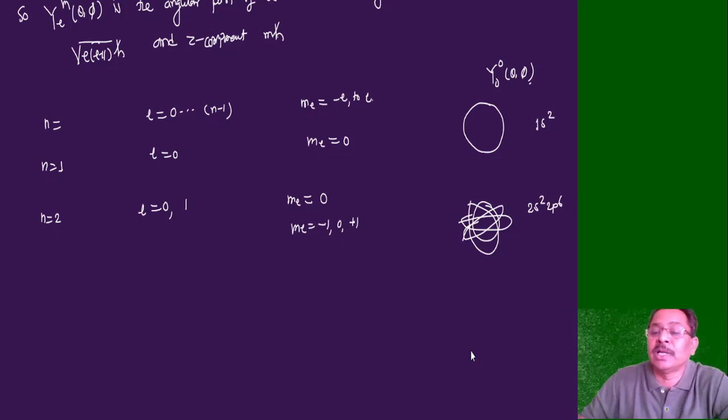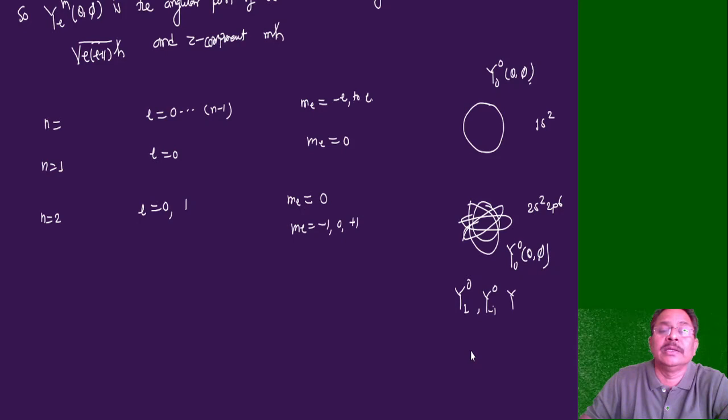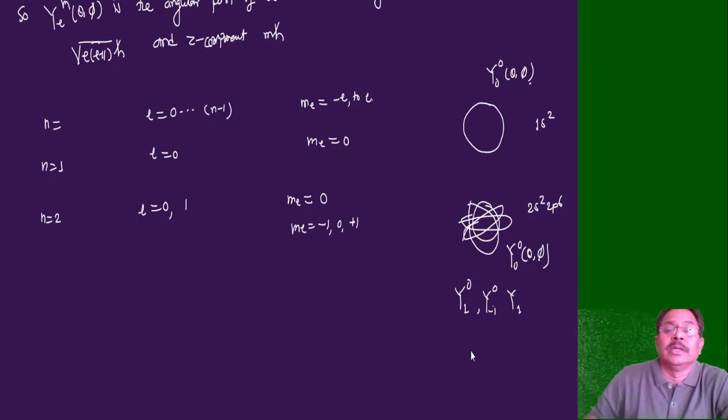So this is what your spherical harmonics are. L equal to 0, m equal to 0 is one exact spherical part of this function of theta and phi, and the remaining are Y 1 and 0, Y 1 and -1, Y 1 and +1. For L, we have 0, 0 taken as one, then 1 -1, 1 0 and 1 +1.